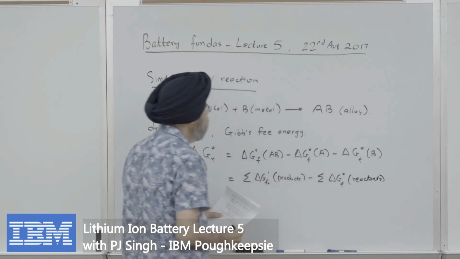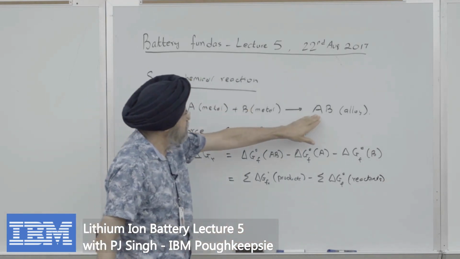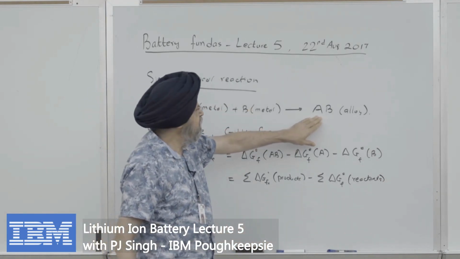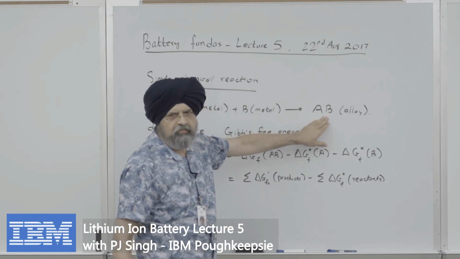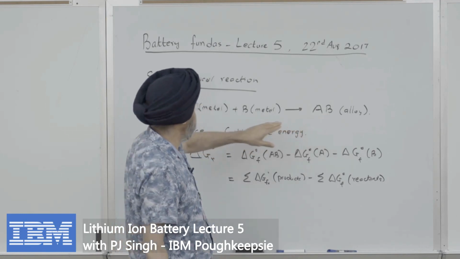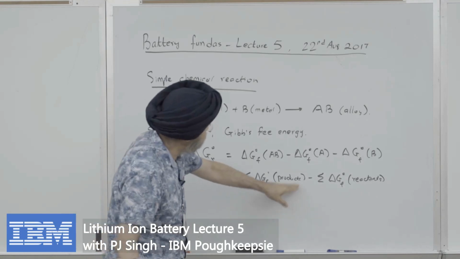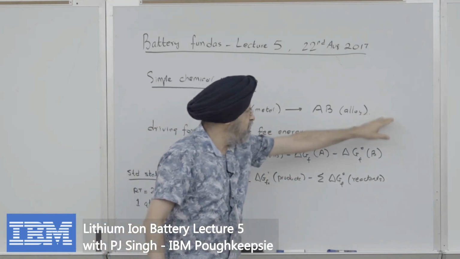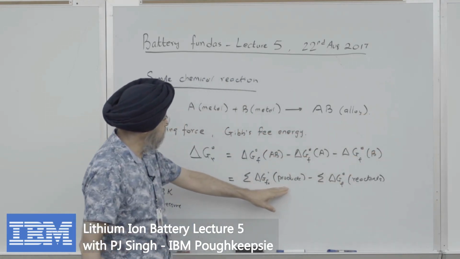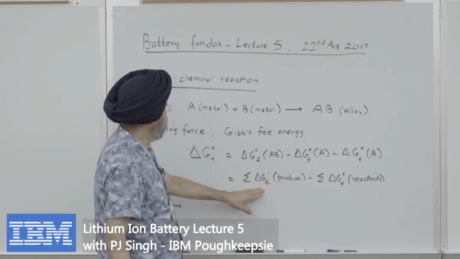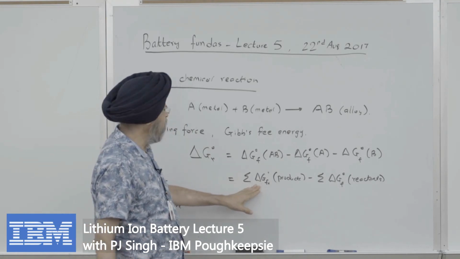We take the products and ask how much Gibbs free energy it takes to form them. In this case we only have one product, it could be more, so we sum the Gibbs free energy of formation of all the products.